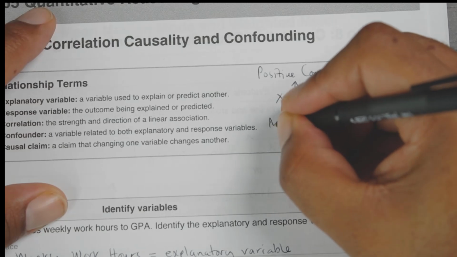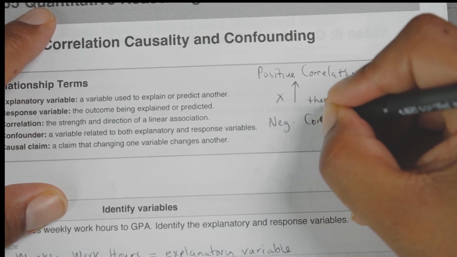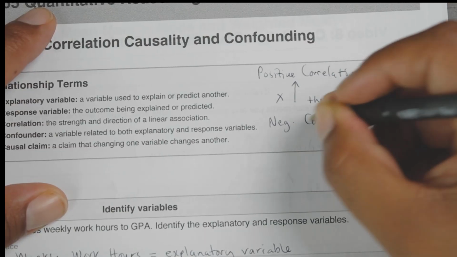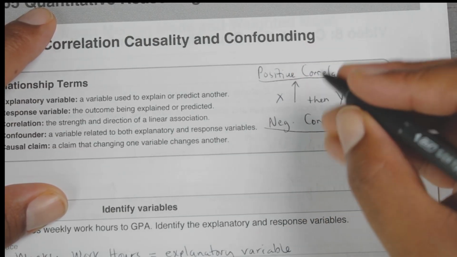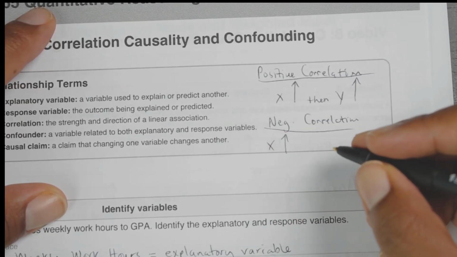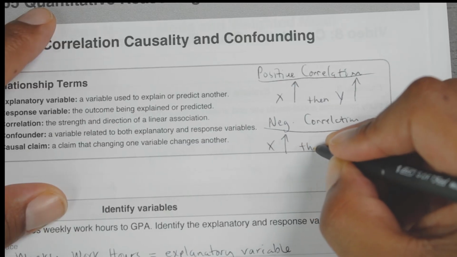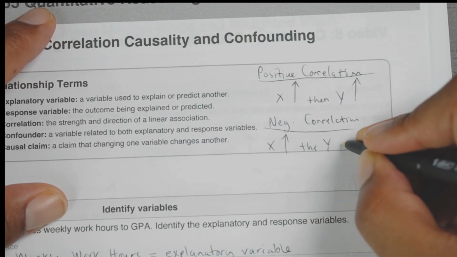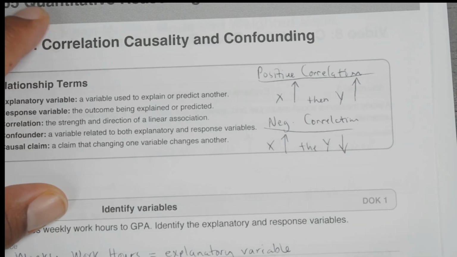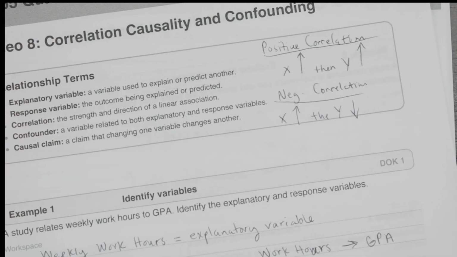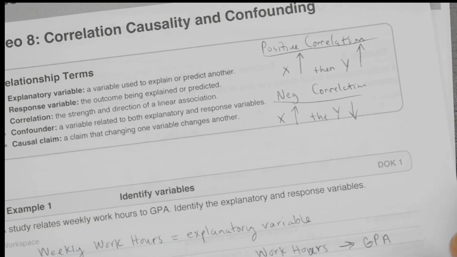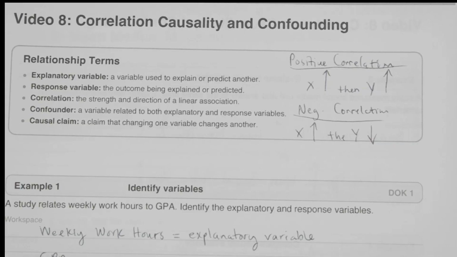A negative correlation means X tends to be up, then Y tends to be down. Okay. So that's what a negative correlation is. But again, correlation is not equivalent to causation. So whenever two variables are related, you have to ask whether another variable can be affecting both.